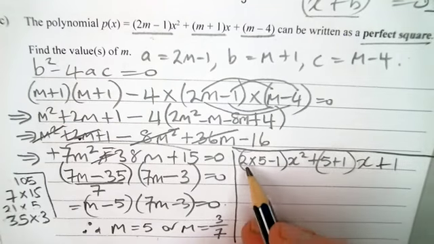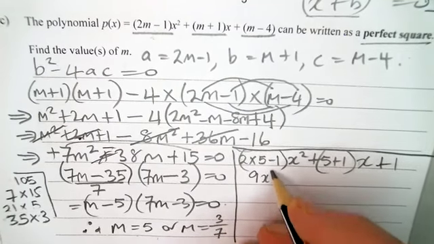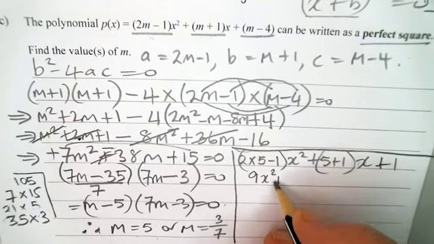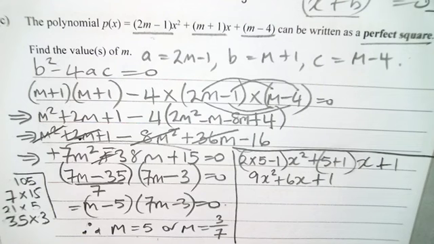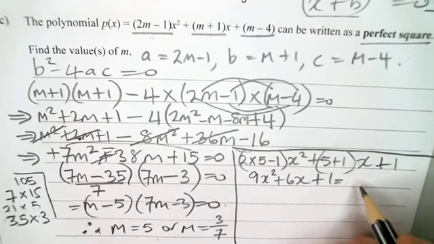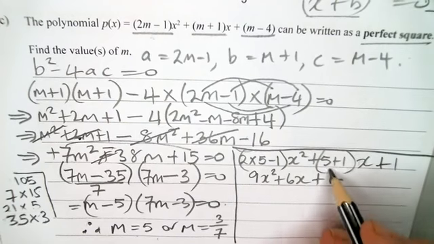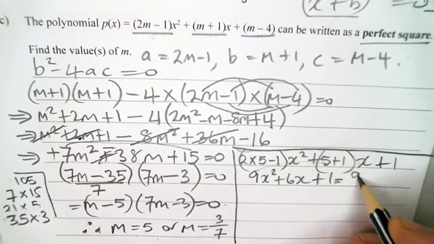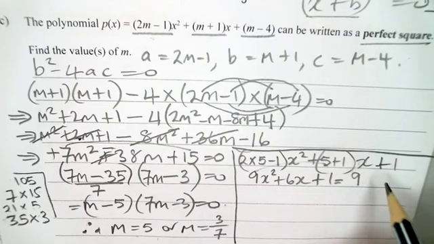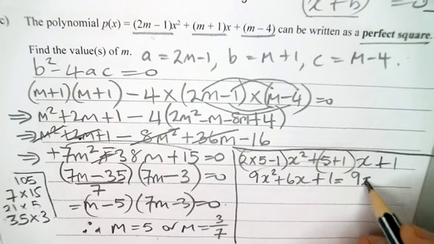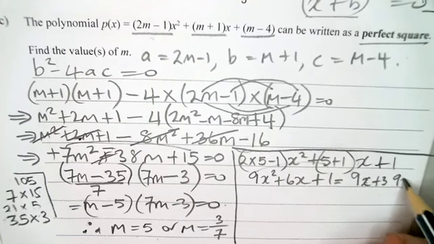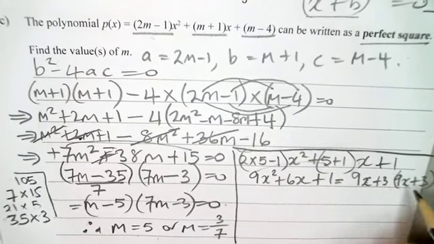So what I've got here is that's going to be 9x squared plus 6x plus 1. Is that a perfect square? Well, let's just check it. That's equal to 9 times 1 is 9, and we want 3 and 3. So it's 9x plus 3. 9x plus 3 works.